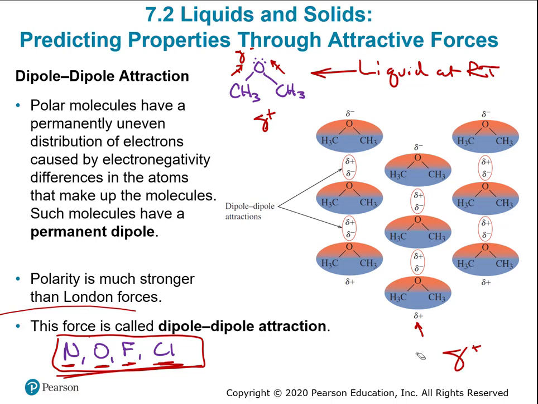Polar molecules do not share covalent bonds equally, and that creates this slight charge, not like an ion, not like a salt, but a little bit of a charge. And notice how these all line up. So these will line themselves up when you put them in solution. And so this creates attraction. So these molecules tend to be liquid at room temperature, even though they're relatively small. So the polar molecules, they call that dipole-dipole attraction.